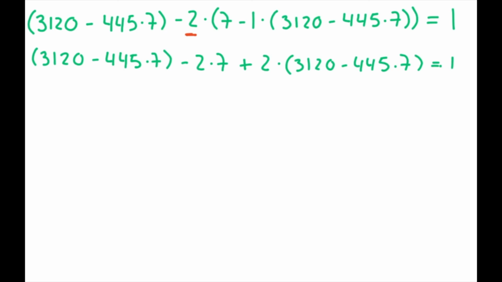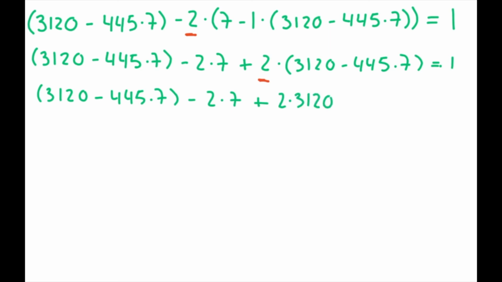Then I'm going to multiply this 2 through to end up with 3,120 minus 445 times 7 minus 2 times 7 plus 2 times 3,120 minus 2 times 445 times 7 equals 1.